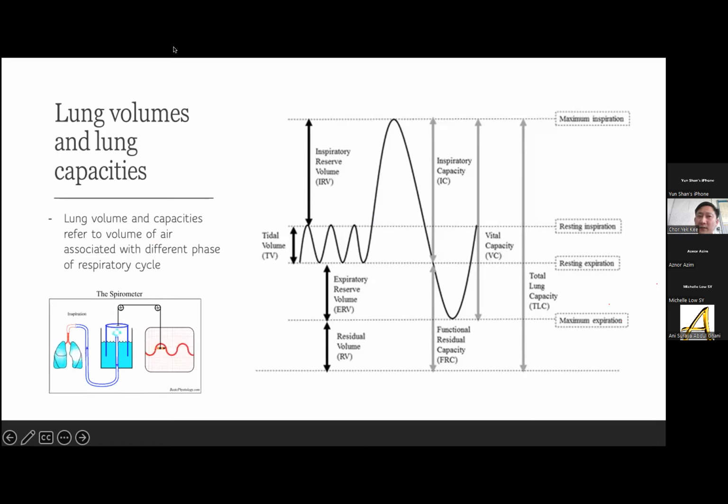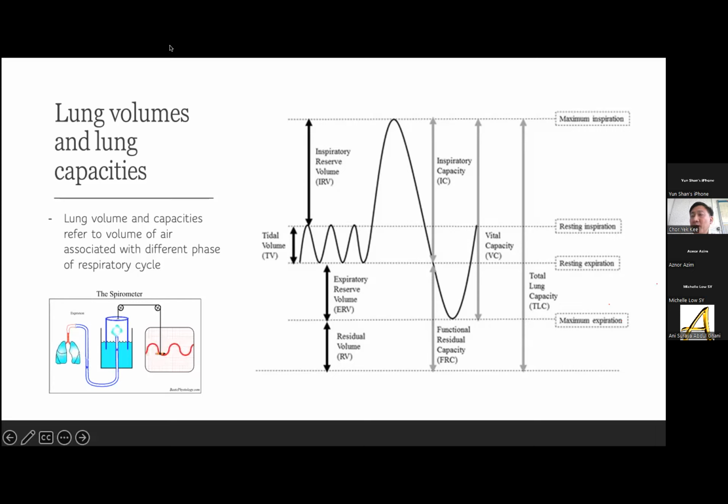Because whatever goes in is not necessarily everything that the patient receives, and sometimes there's also a leak. So expiratory volume is more reflective of whatever the patient receives.